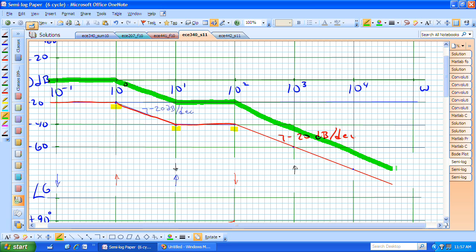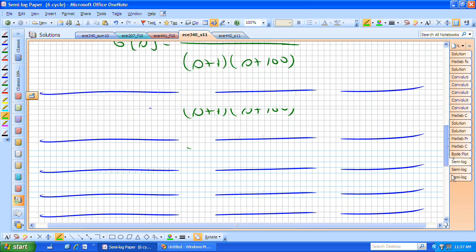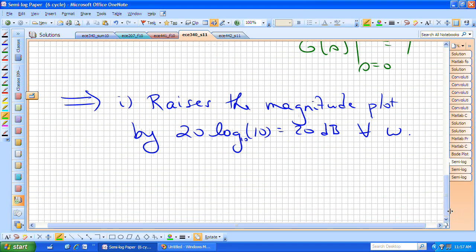And that's what the magnitude plot would look like. The phase plot would remain unchanged because a constant of 10 scaling our original transfer function is not going to change the phase in any way.